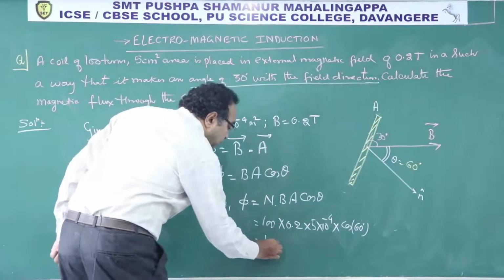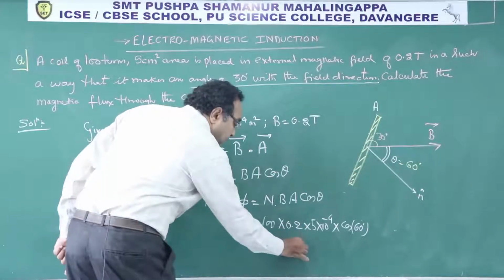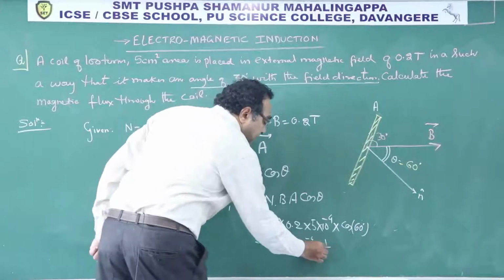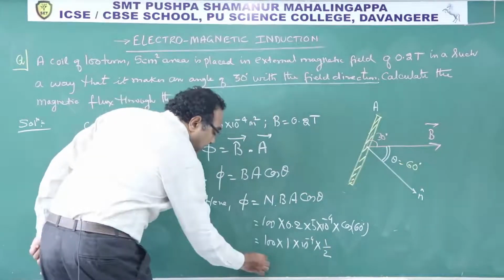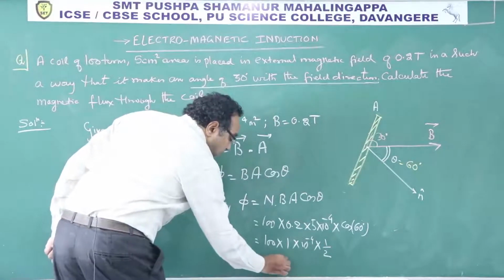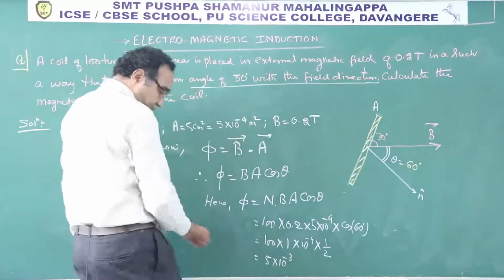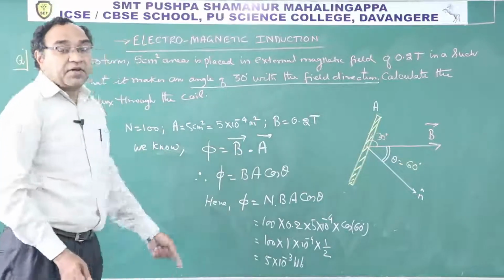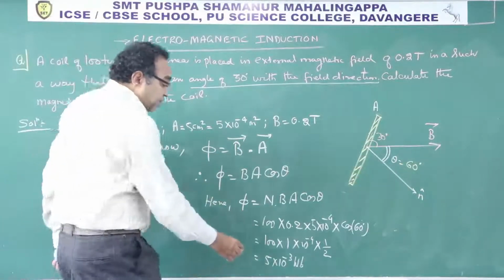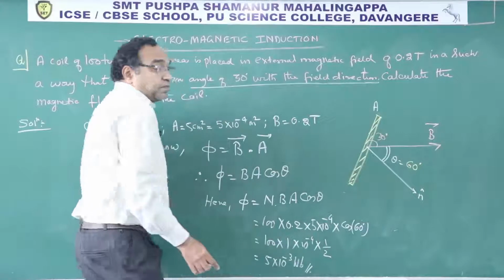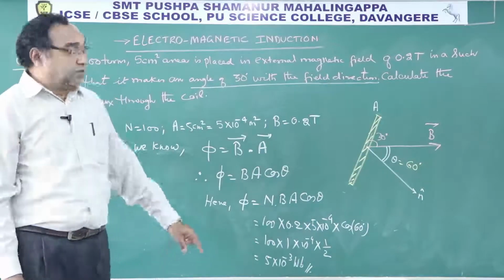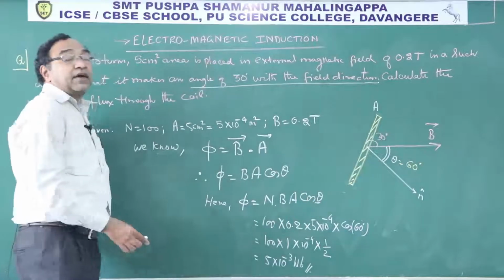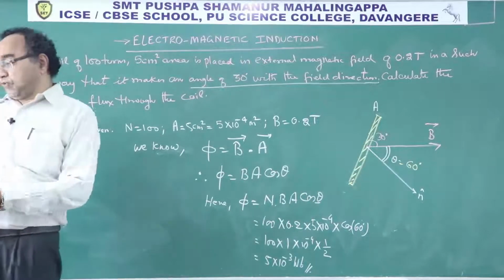This is 100, this is 1, and this is 10 power minus 4, and cos 60 is half. So you get this as 5 into 10 power minus 3 Webers, or you can write it as 5 milliwebers. That is exactly how we have to solve. Students, please concentrate on how to find angle theta. This is the twist in the given question.